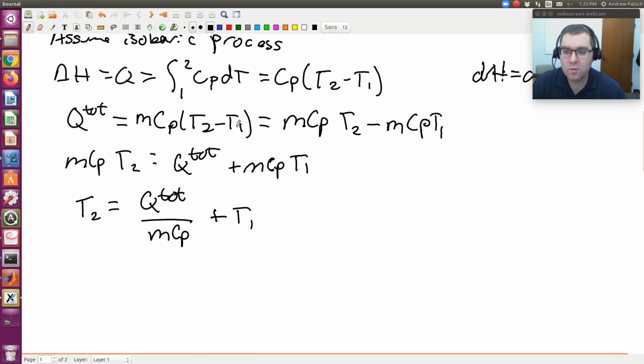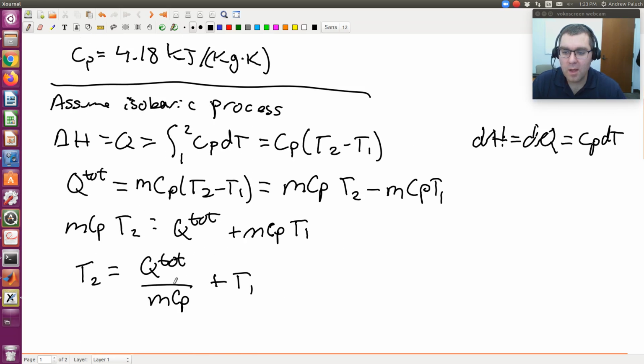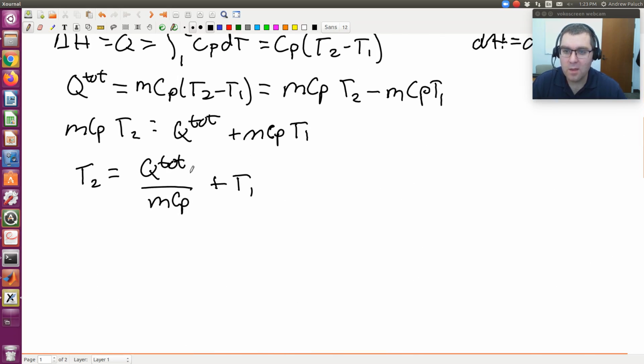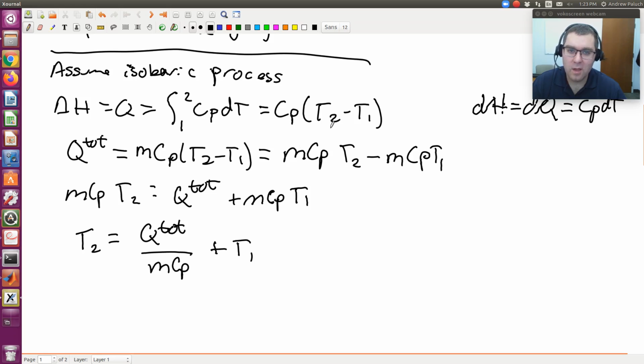Actually, I want to change this up a little bit. I want to take this equation, and since I'm ultimately interested in T2 minus T1, let me just go ahead and calculate T2 minus T1. So I'm going to rewrite this as T2 minus T1, which is essentially my delta T. That's going to be equal to Q total divided by MCp.